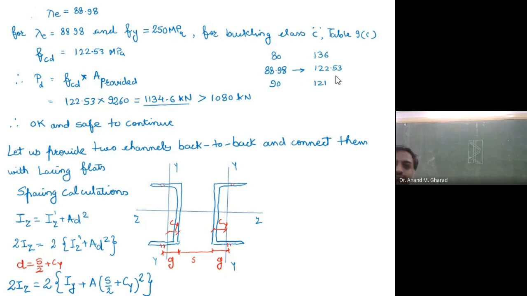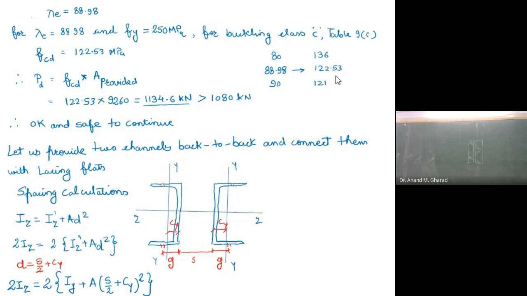Interpolation. ठीक है. So therefore FCD is this much value, and therefore PD comes out to be this much. तो यहाँ पे safe आ रहा है. ठीक है.